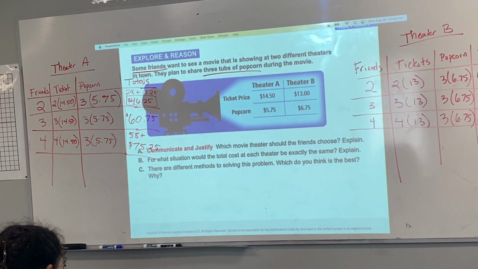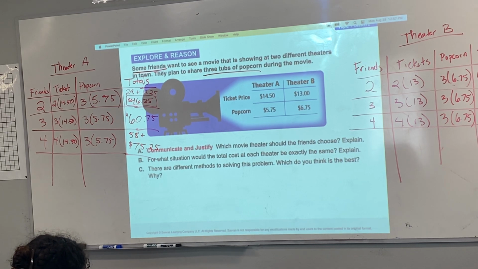Next. 59.25. Wow. Big pace, guys. 72.25.